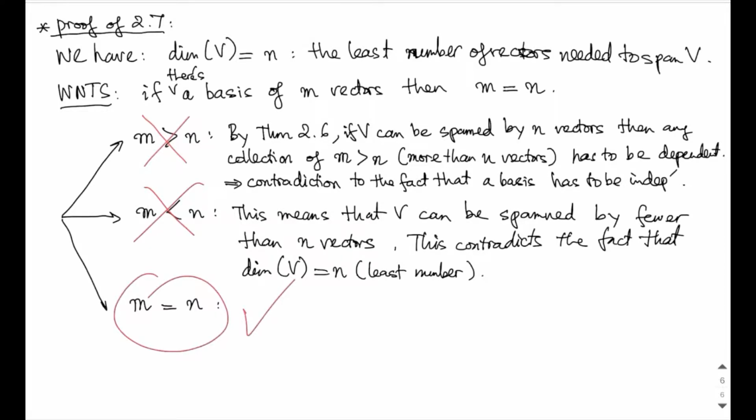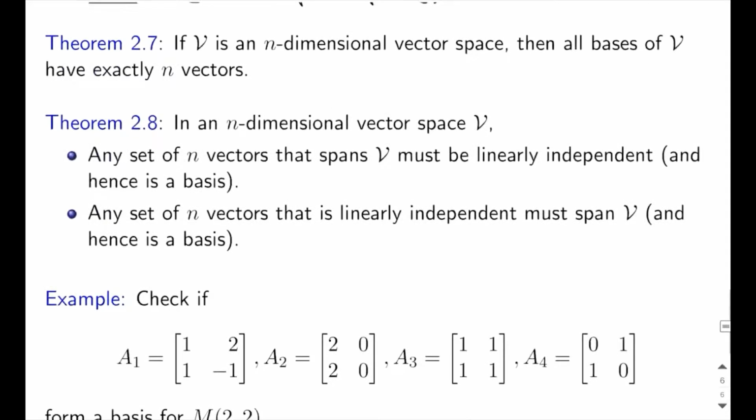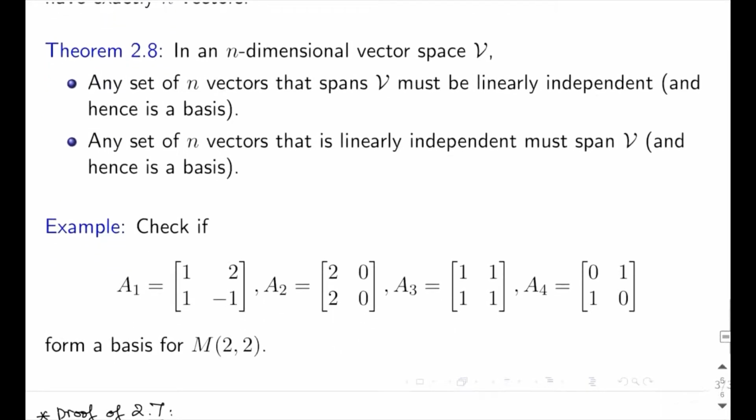Okay, so next theorem, theorem 2.8. In an n-dimensional vector space, so now you know in advance for some reason that the vector space has dimension n, you consider any set of n vectors.